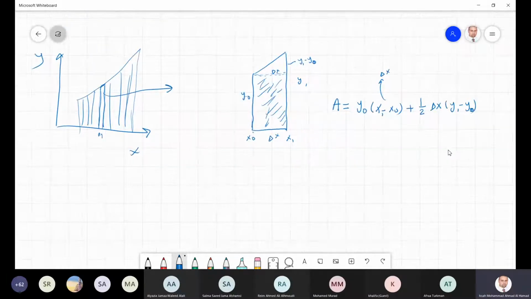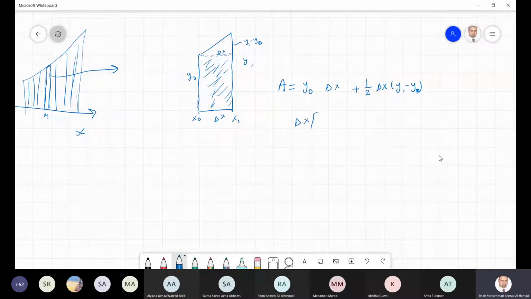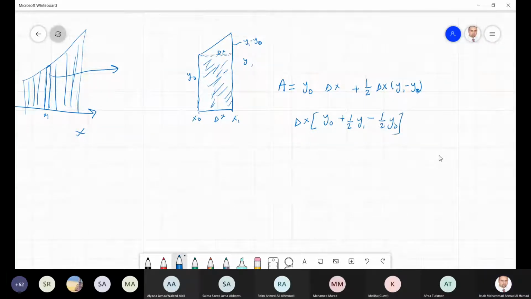Now I will remove this and write delta x instead. If you take delta x as common, it will be delta x multiplied by y naught plus half y1 minus half y naught, correct?